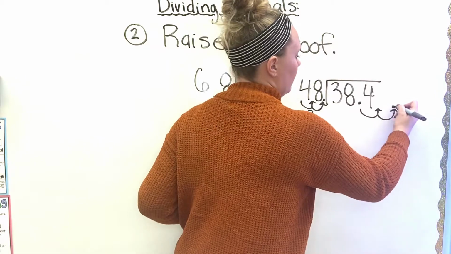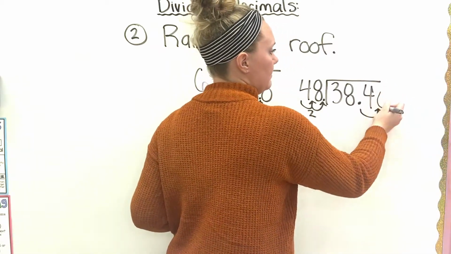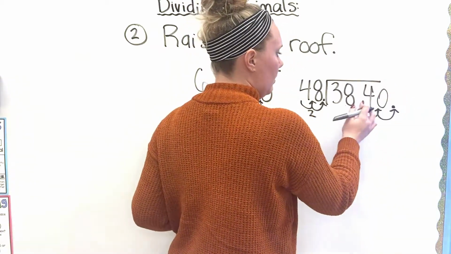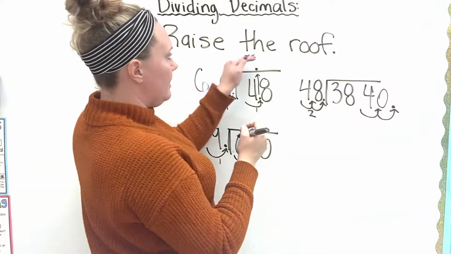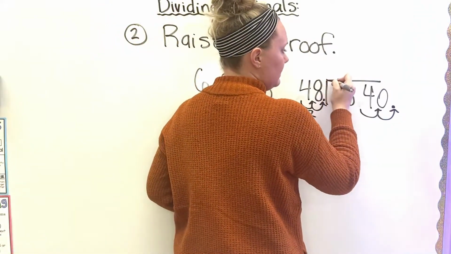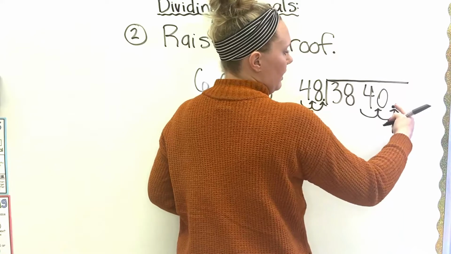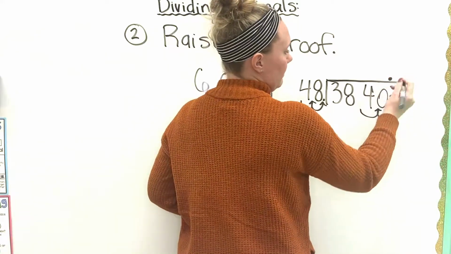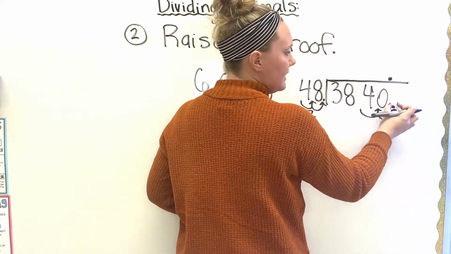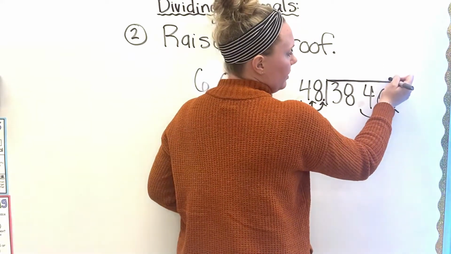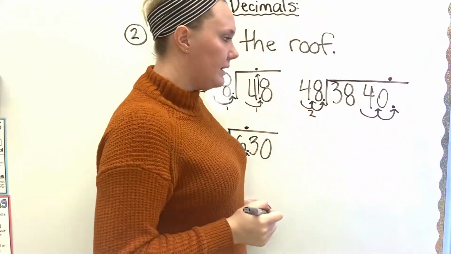Oh, look, I have an empty space. That means I'm going to add my placeholder, and I need to now raise the roof. So I'm going to extend my little roof here, and I'm going to raise it, taking it from where it's sitting, raising it straight up on the roof, and just letting it sit. And that's how I raise the roof.